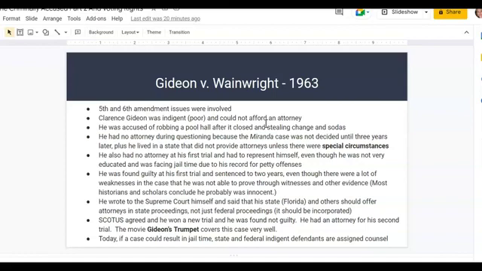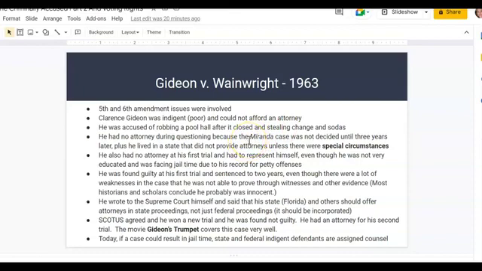And so when he went through court for this criminal case that gave rise to the famous Supreme Court case, when it was going through the lower courts, he had to represent himself, and he did okay.